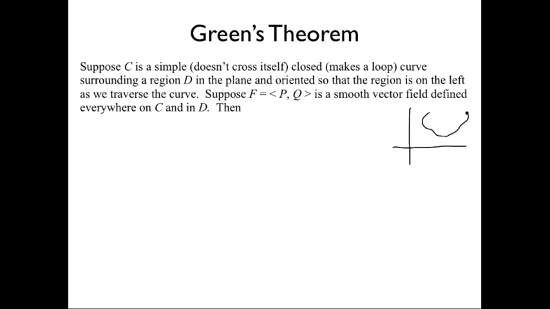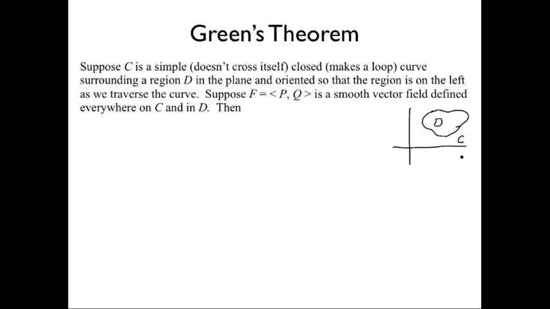Here's some C. It could have straight lines like our square. It could be a triangle, an ellipse, a circle, anything that's simple and closed. The boundary is C, and inside it creates a region D.